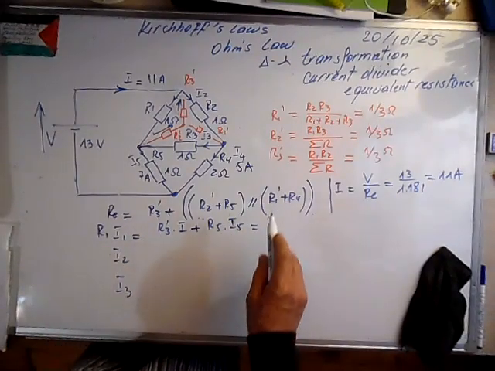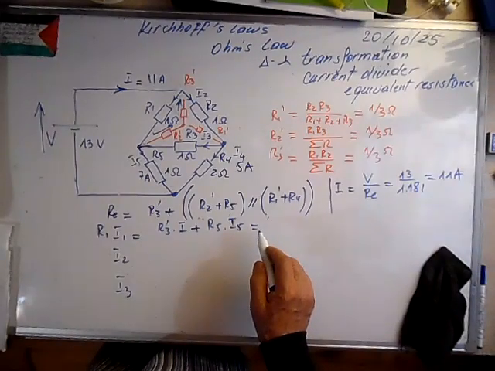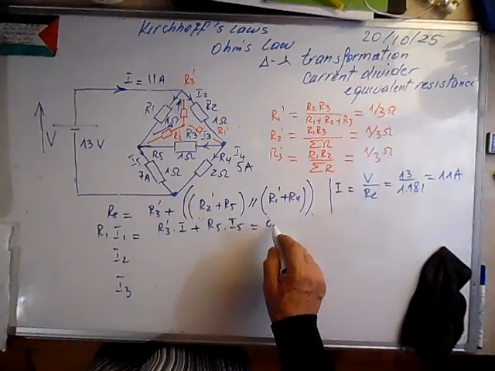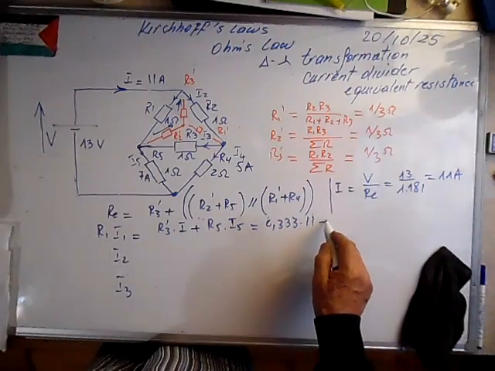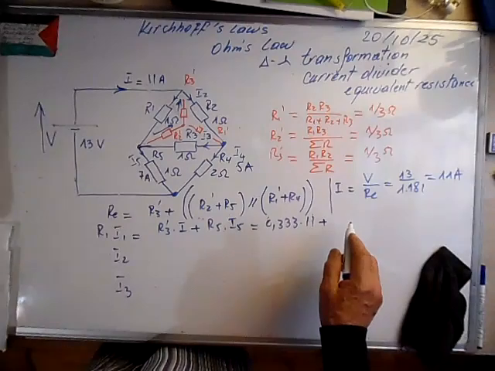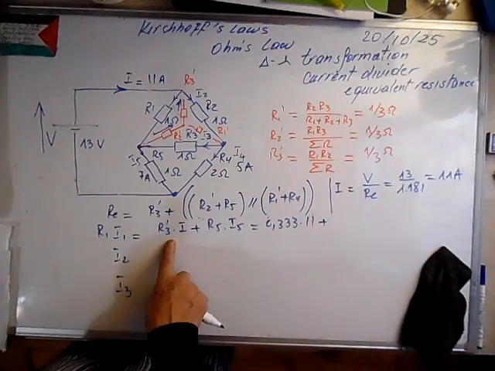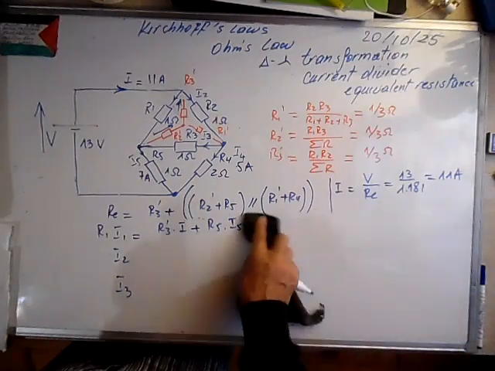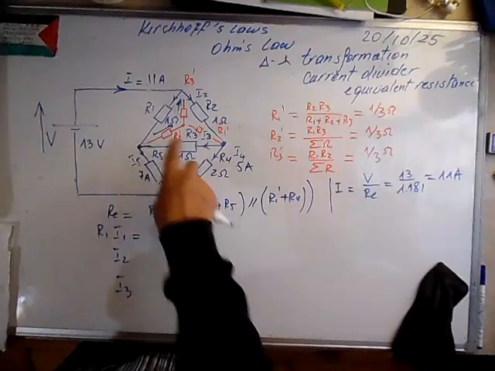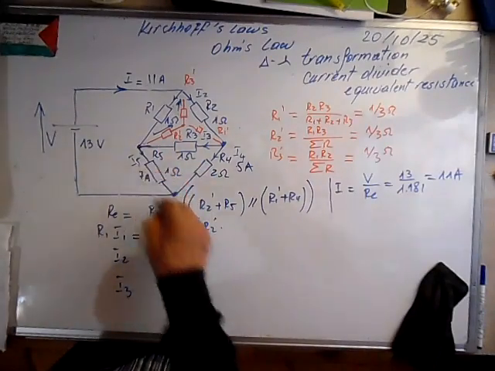So it means R3 prime, it's 0.333 times 11 plus R3 prime times, excuse me, it's not R5, it's R2 prime times I5.